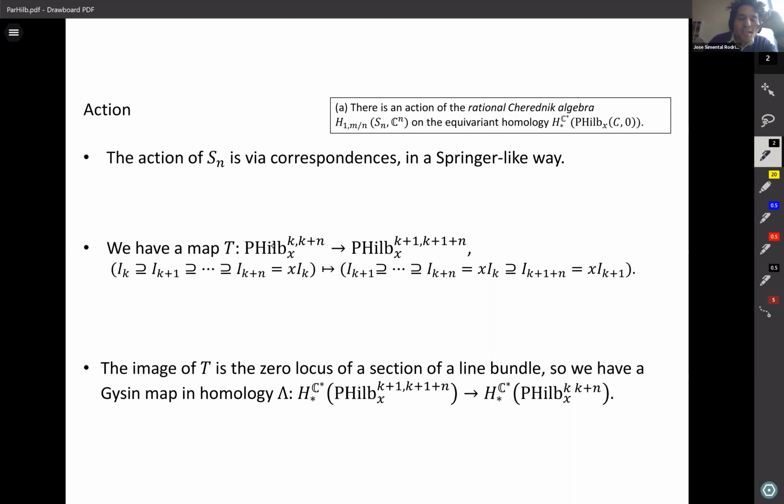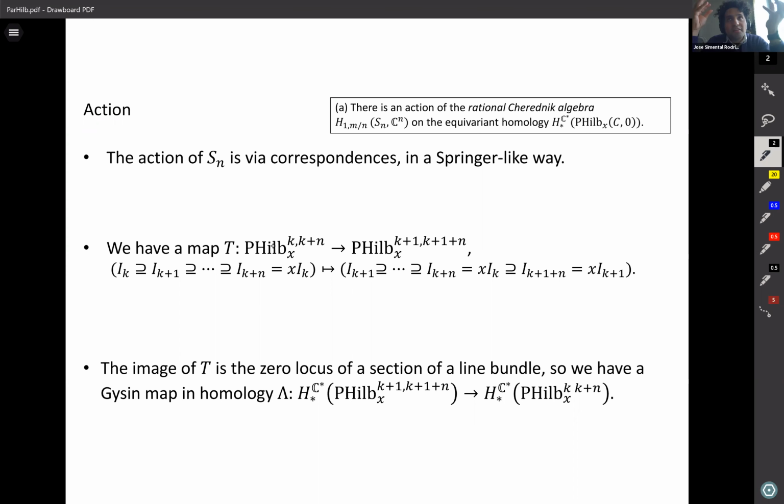Here, remember that k is the codimension of the first ideal in this chain. I can just take this chain and move it a bit to the right, literally just shift this chain. This gives me a map between parabolic Hilbert schemes, and therefore I have a map on equivariant homology.